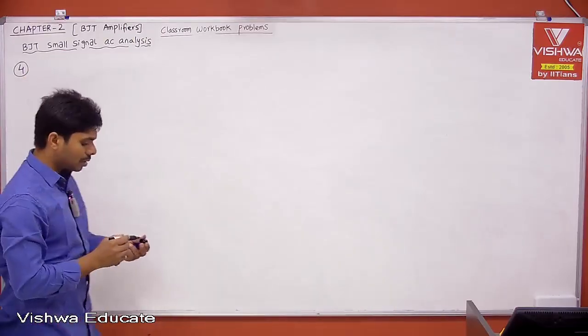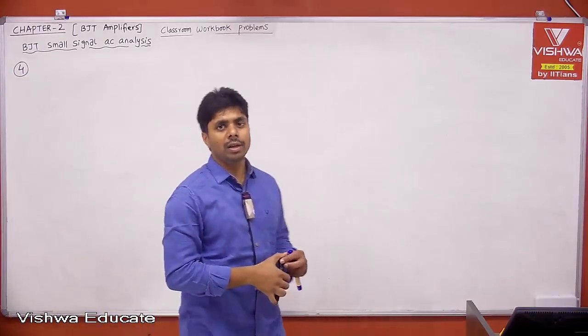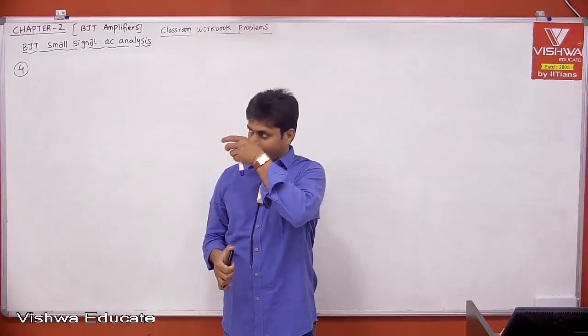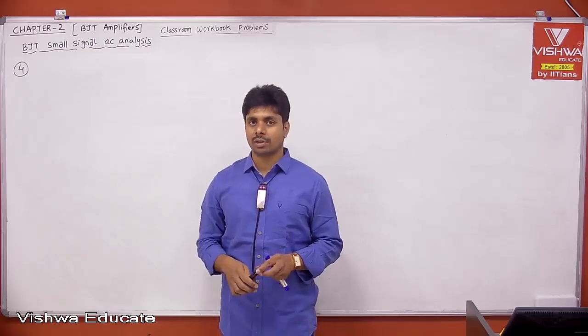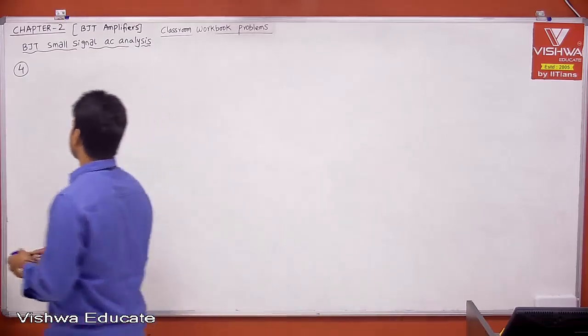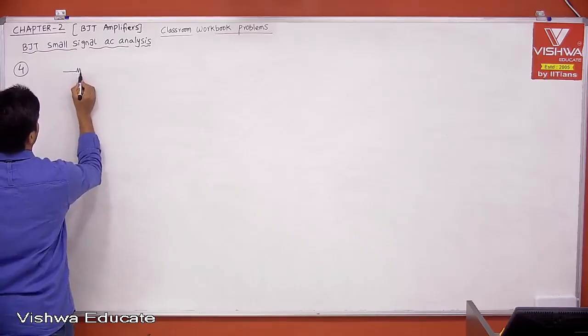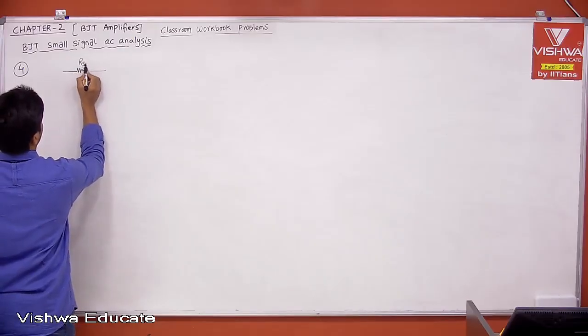If you refer to the workbook, calculate all AC parameters for the following circuit. Assume that the complete AC circuit is given. I think it is straightforward. Now the circuit is RS equal to 1 kilo ohm.